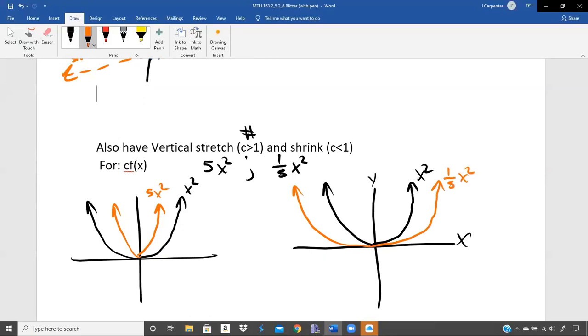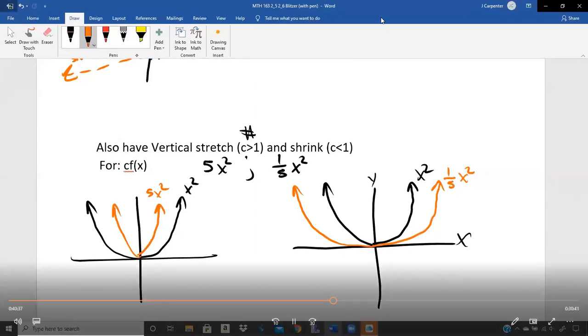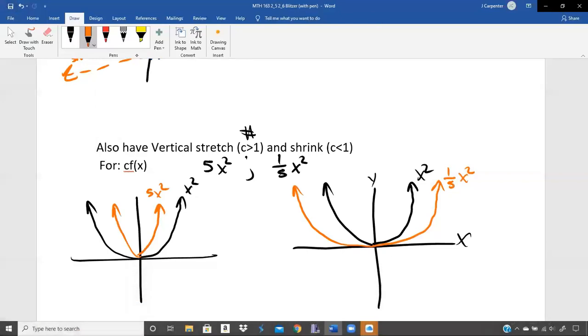It's going to grow at 1/5 the speed. So it's going to take 5 times as long to reach the same height as the x squared. Versus in the first scenario, with that 5 there multiplying everything, it will grow 5 times as fast. So if your height was originally a 1, now it's a 5. If your height was originally a 10, now it's a 50. If your height was originally a 30, it's now a 150.